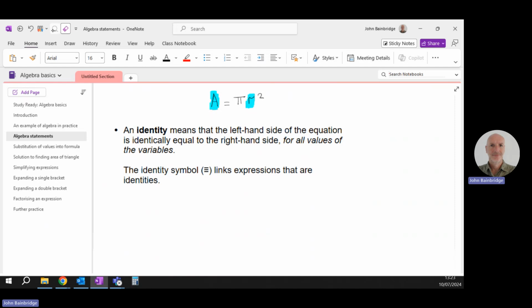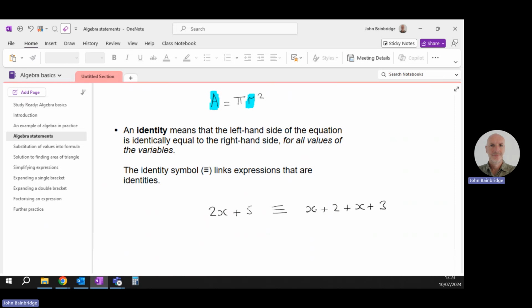If I had 2x plus 5, and then I had x plus 2 plus x plus 3, you can probably see that these two expressions are the same. They've both got two x's. We've got 2x here, we've got 2x on the right hand side, and the 2 plus 3 makes a 5. So when they're identical, we use three lines like that, and that shows that they're equal. They're an identity.